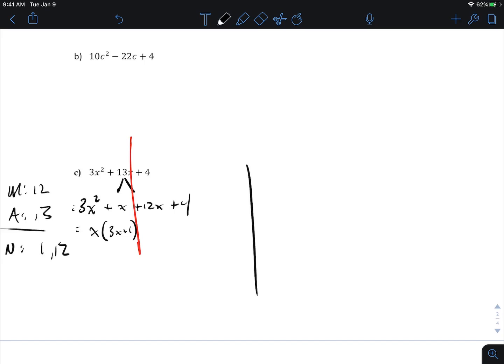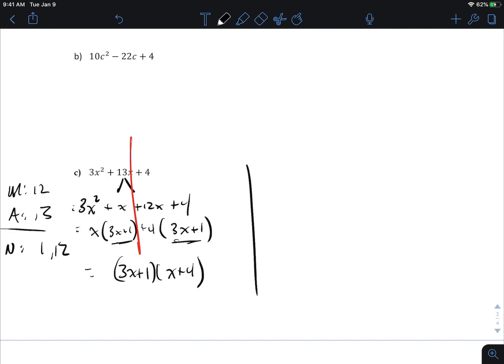And the second one, I can take 4 out, so 12 divided by 4, and then I'm going to get 3x plus 1 again, right? And then I see the two 3x plus 1 sitting there. You can factor those out. So it's 3x plus 1, and then I write what's left after: x plus 4. So there's your answer.